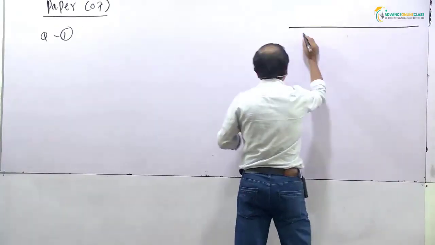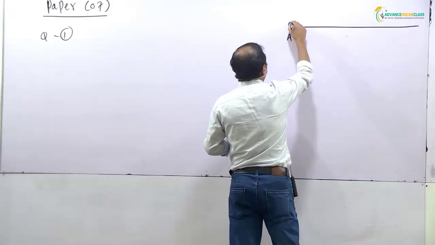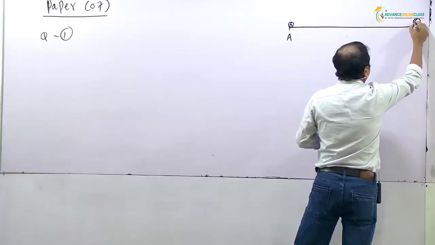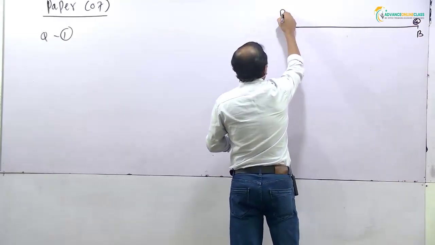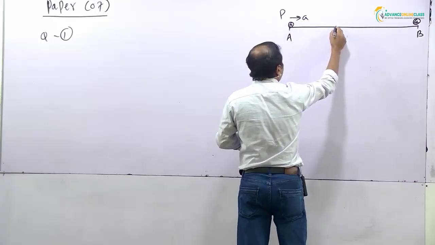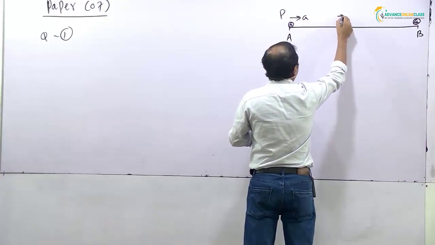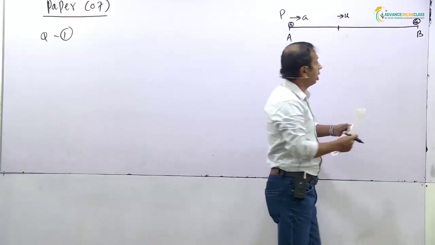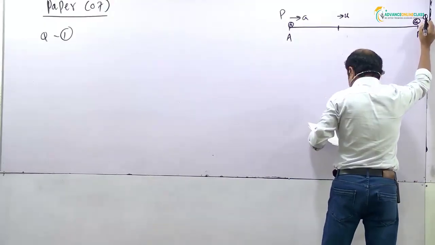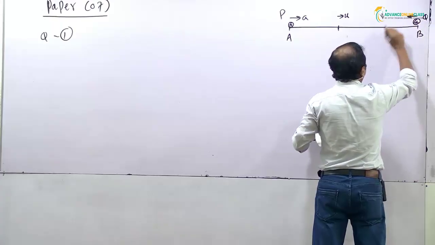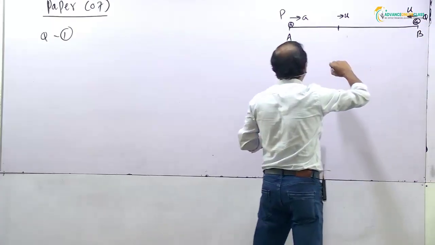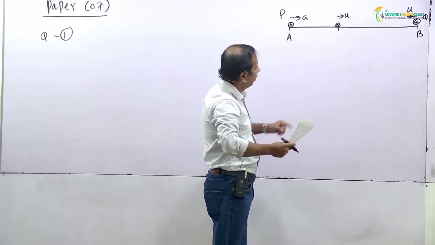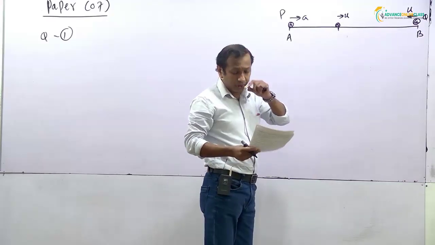Particle P starts from A, particle Q starts from B. Particle P moves with the acceleration A until it gets the velocity U. Once the particle P gets the velocity U, particle Q begins from here with velocity U, from B in the opposite direction.